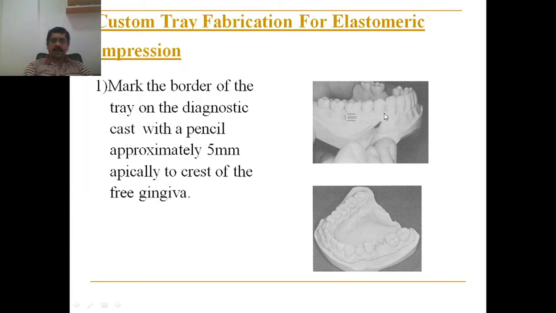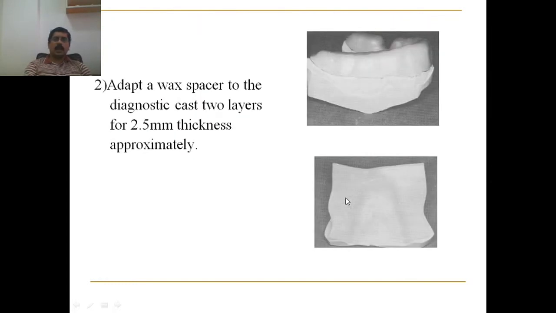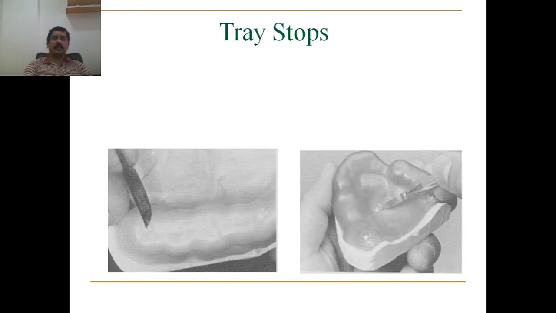Approximately it should be 5 millimeter apical to the crest of the free gingiva. Okay, it will look almost like this. Now adapt a wax spacer to the diagnostic cast, preferably 2 layers of 2.5 millimeter thickness approximately.